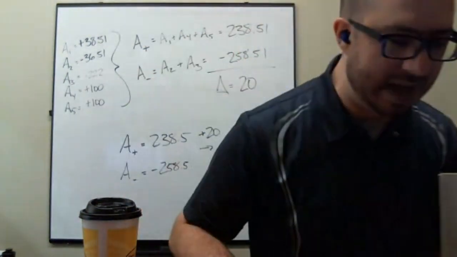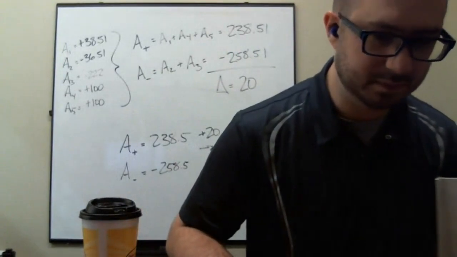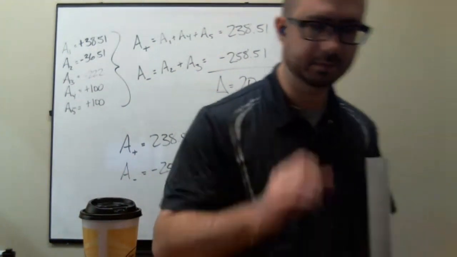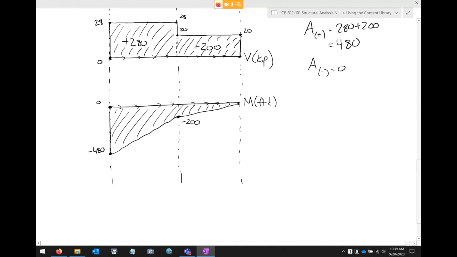So if you go back to the notes and you look at this moment diagram, that entire beam has a negative moment diagram, so the entire beam is deforming downwards.